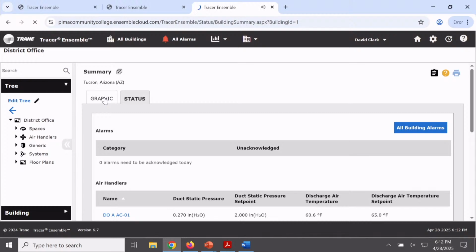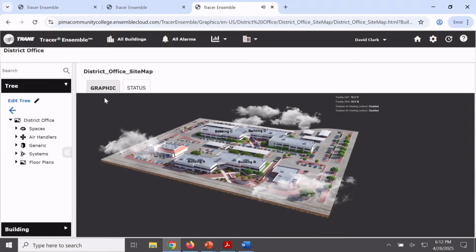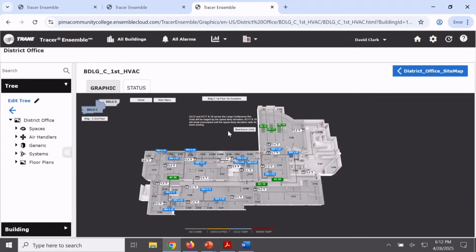All right, so here's our site view of district office. We'll come here to the C building where we're at presently. All right, and here we are in the conference room, C105. We have 3 air conditioning units, numbers 12, 17, and 18 respectively overhead, that are currently, we've got 1 that's in operation, and we have 2 that the load hasn't called for yet.